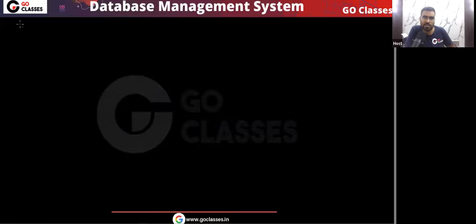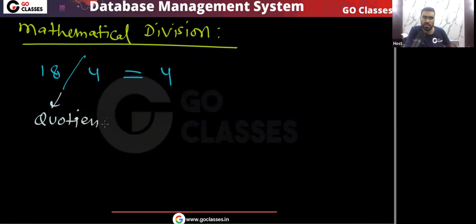In the mathematical division, let's assume 18 divided by 4. Tell me what this will be. This will be 4, right? Just find the quotient. Why is this 4?